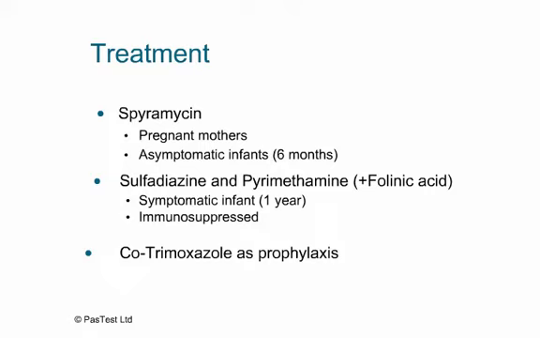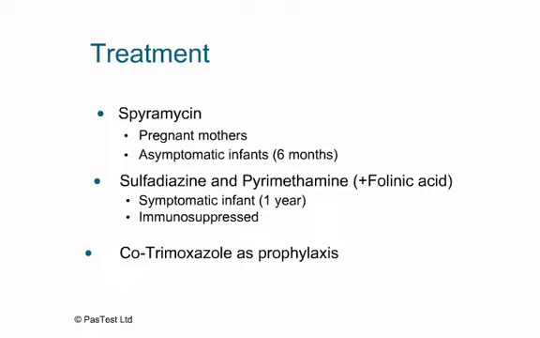For asymptomatic infants, the treatment is with spiramycin, and this is the same treatment for pregnant mothers if they are diagnosed during pregnancy. For symptomatic infants, the treatment of choice is sulfadiazine and pyrimethamine with folinic acid rescue to try to prevent myelosuppression.